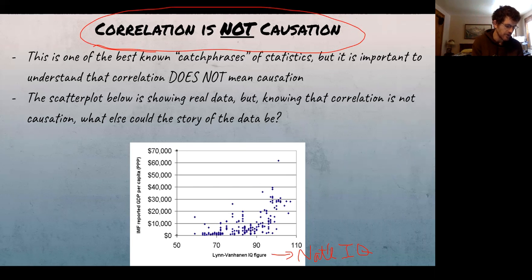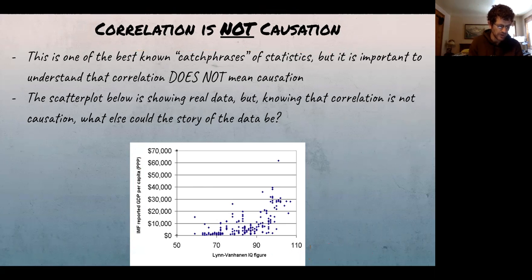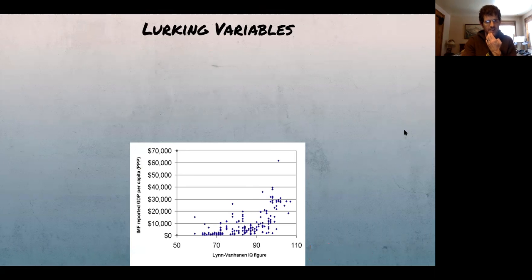So, oh, well, if your people are smarter, that causes you to have a higher GDP per capita and be wealthier. So we can't say anything about causation. We can just say these two are correlated in some way. Okay, but now we can dive into this a little bit further with the idea of lurking variables.